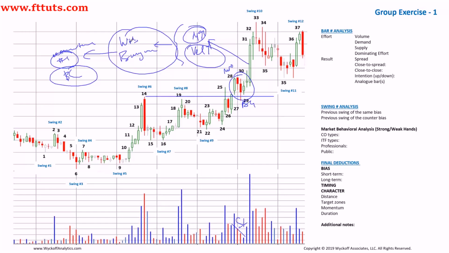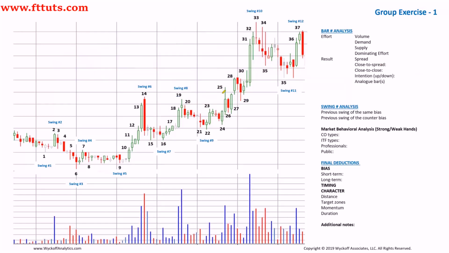And always when weak hands are buying on that first point of excitement, that will define the value zone for weak hands. This is where they will always be buyers. They will be thinking about buying here, and then when the price gives them the value, they're going to buy again.